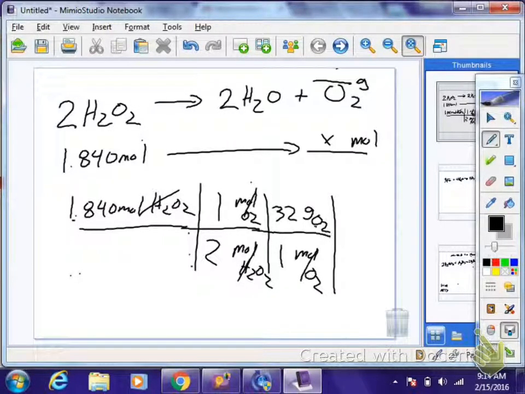How do you know it's 2 moles of H2O2 to 1 mole of O2? Right here. It's a 2 to 1 ratio. Oh, 2 to 1. So it's a mole-to-mole problem, just like what we did from Thursday. Yep. The equation tells you what the ratio is so that you can get the right number of moles. Questions, comments? Okay. We're going to move on.